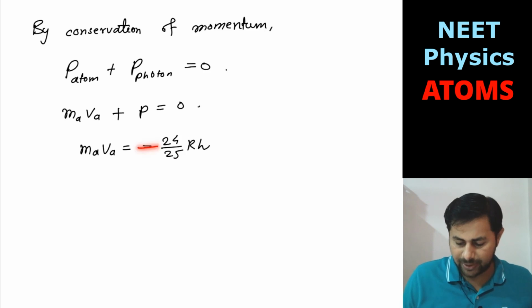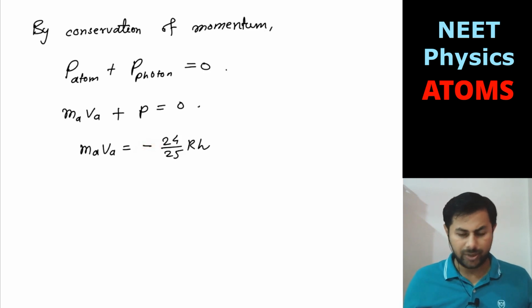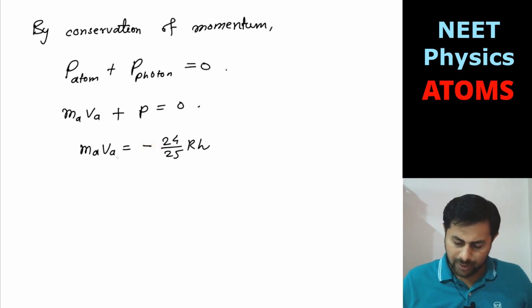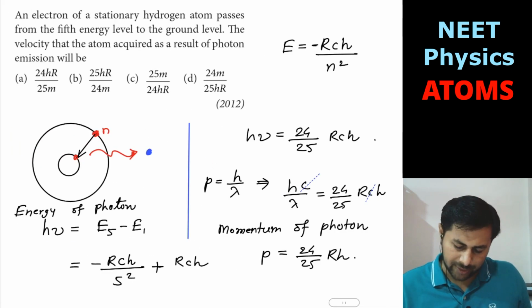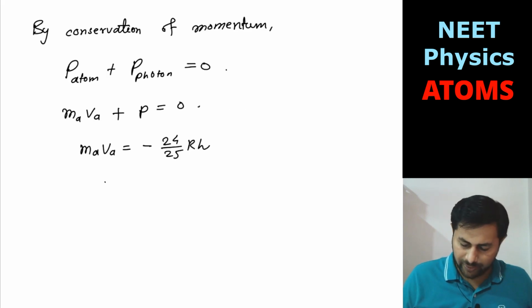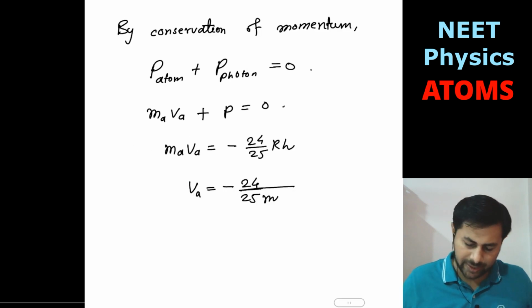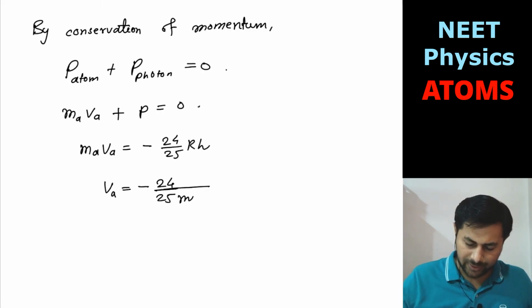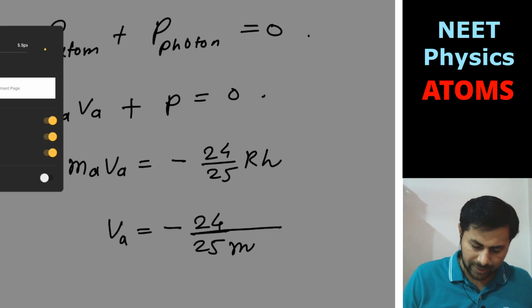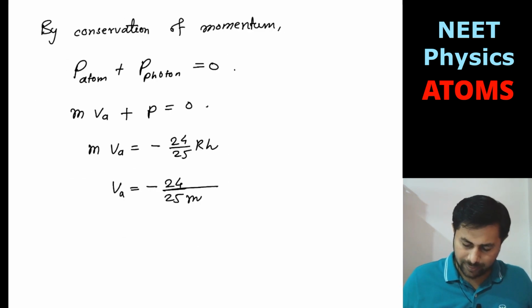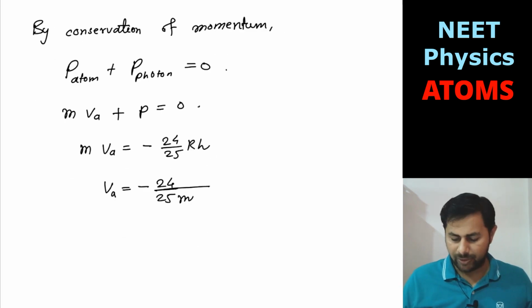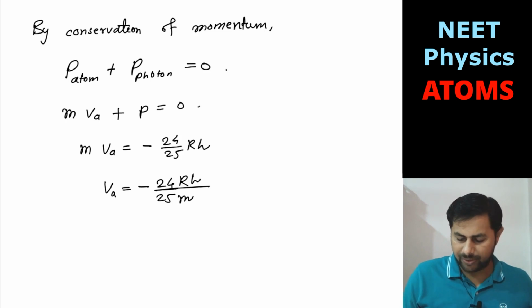But this negative sign just tells us that the atom moves in the other direction. Then move the mass of the atom to the other side. The mass of the atom is m, so m goes in the denominator, and the velocity of the atom would be minus 24 by 25 times RH by m.